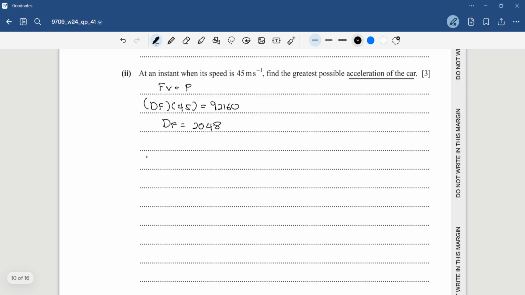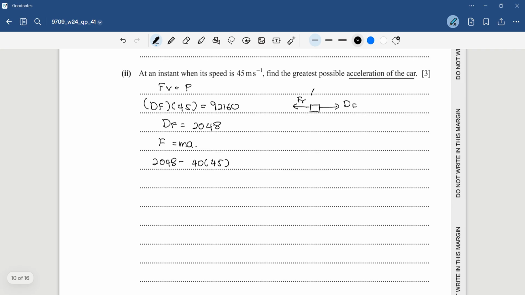Okay, so what we know, my net force F equal to ma. So the car is moving in this direction, let's say. So this is the driving force, and the resistance force is here. Therefore, since the object moves in the forward direction, it's going to be 2048 minus my resistance force, k is 40 and V is 45.